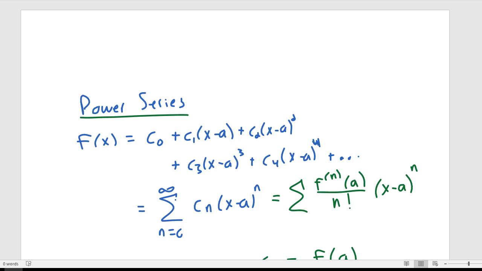So let's look at an example, because this is what we're really going to do. We're going to apply this theoretical concept. Let's take a look at a particular function and develop its power series.